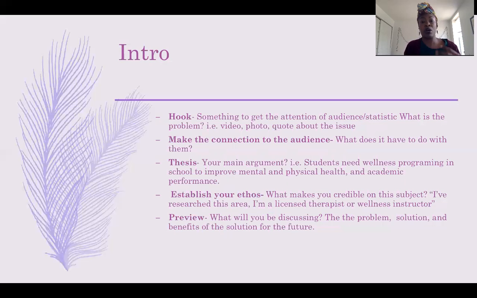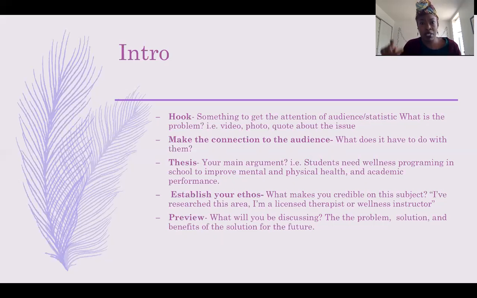It might be through a video or a photo or a quote that shows the problem in a jarring way. For example, if it's about texting and driving, you might have a video or a photo of a car accident where it's like, this is a result of somebody texting and driving. This is a major problem. And that gets the attention of your audience because they're like, whoa, that's terrifying. Tell me more. What's the problem and how do we solve it?